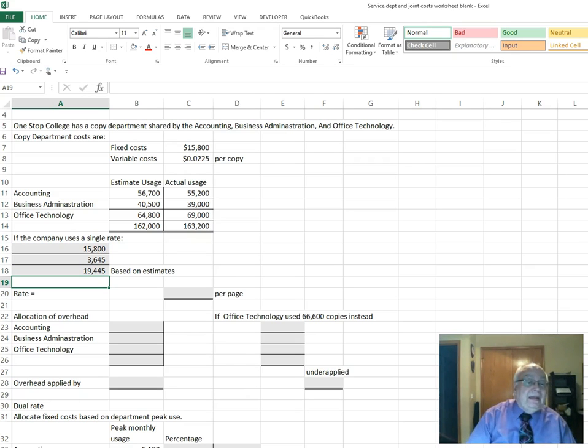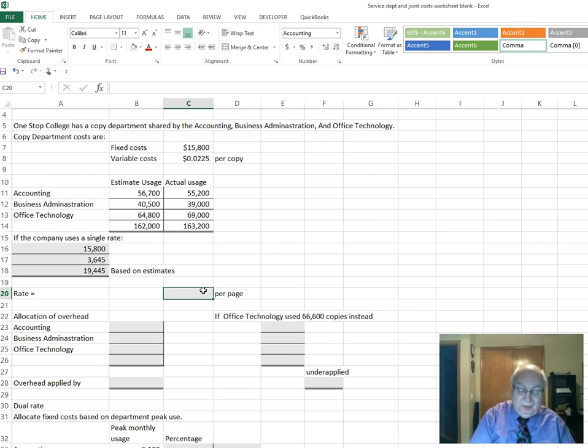Now we have to come up with the cost per page. So to get the cost per page, we take the cost, which is the 19,445, and divide it by the estimated usage, which gives 12 cents per page. So that's the number we would use to allocate these costs.